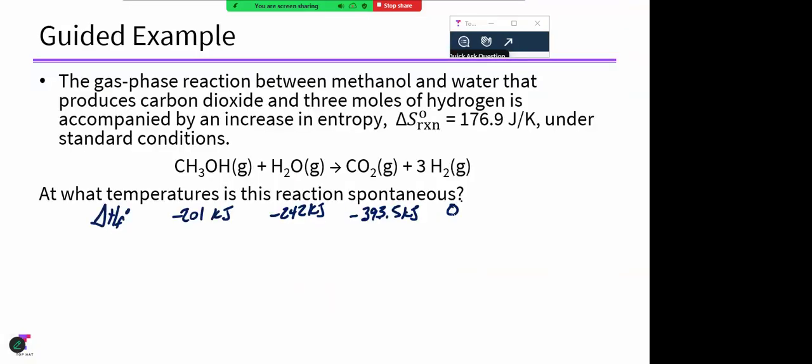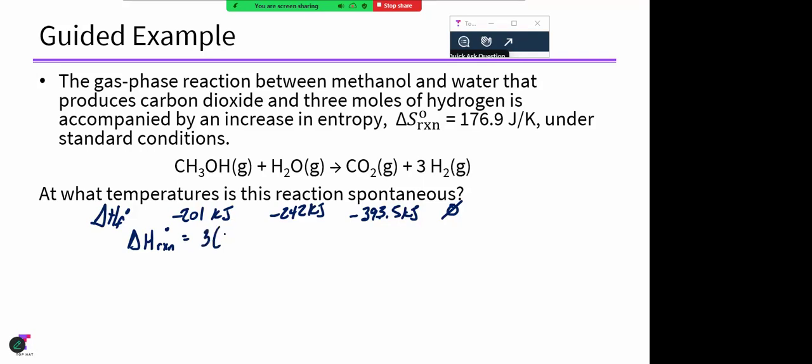And again, thinking about our definitions of heat of formation. Heat of formation is how much energy does it take to make this compound from its elements. If I'm already an element in its natural state, then it would require no energy to get me there. So delta H for the reaction is equal to products minus reactants.